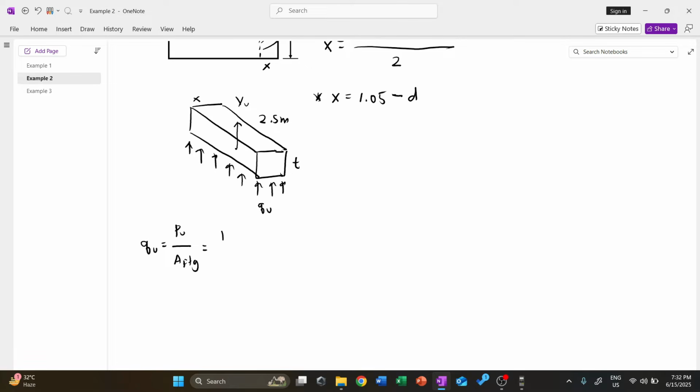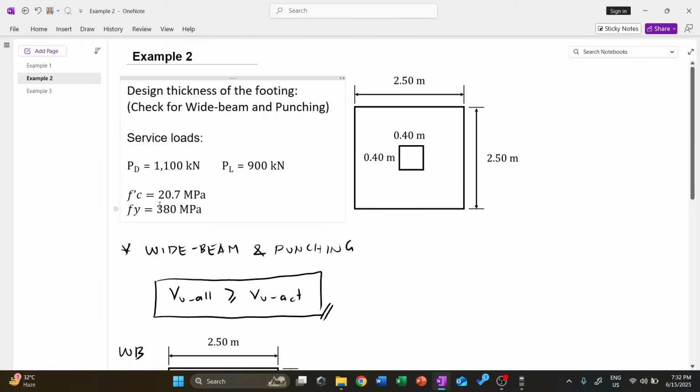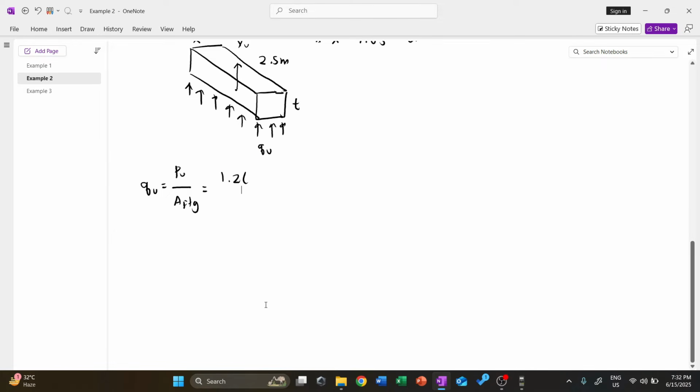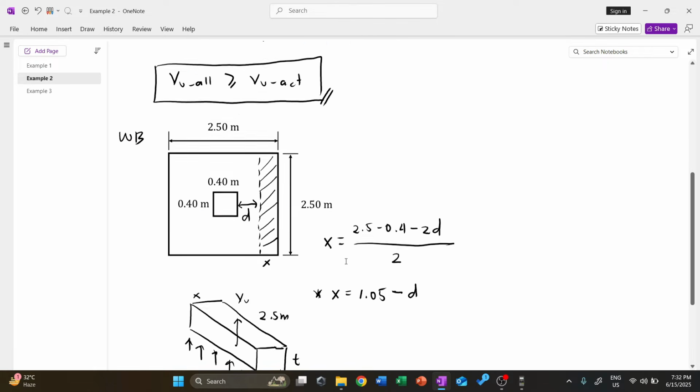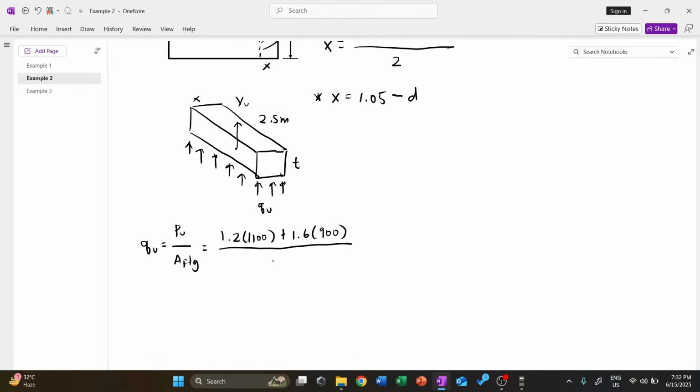So, yung PU natin is simply 1.2 of the dead, which is equal to 1.1, tapos live load natin na 900. Okay, 1.2 ng dead plus 1.6 ng live, 900. Okay, divide this all by the area of the footing na equal to 2.5 by 2.5. Okay, so 2.5 is square.